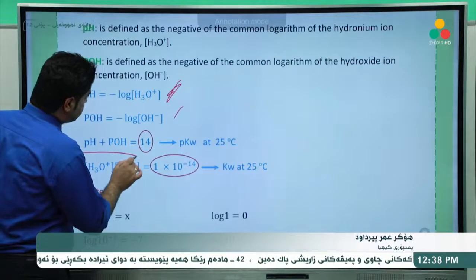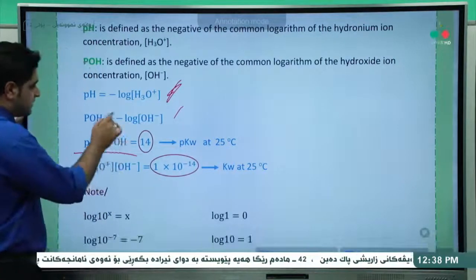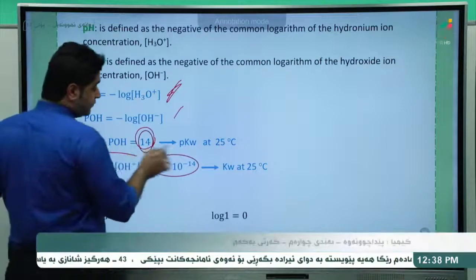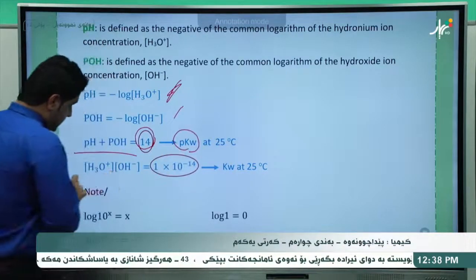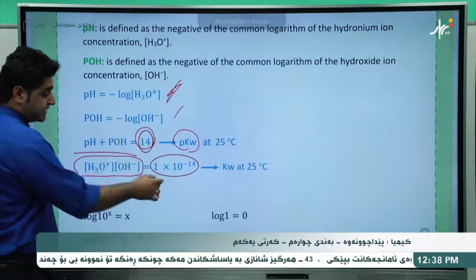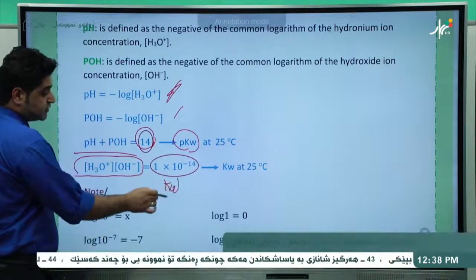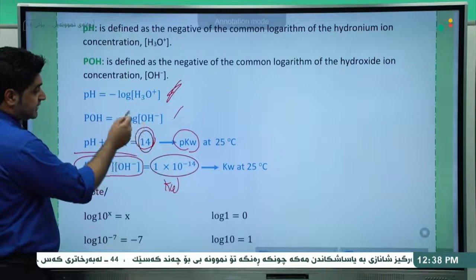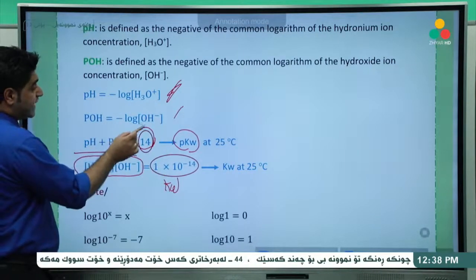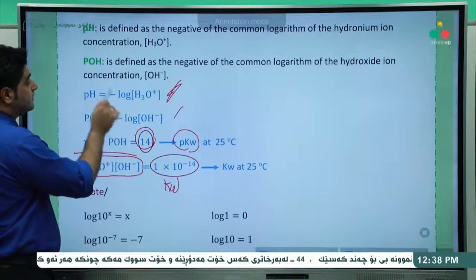pH plus pOH is equal to 14, which is pKW. H3O times OH was KW. So if we take the negative logarithm of KW, it will be pKW. The negative logarithm of OH will be pOH. And for H it will be pH.